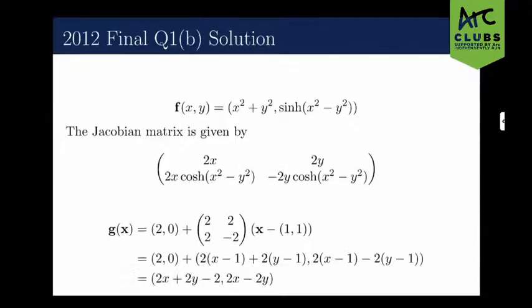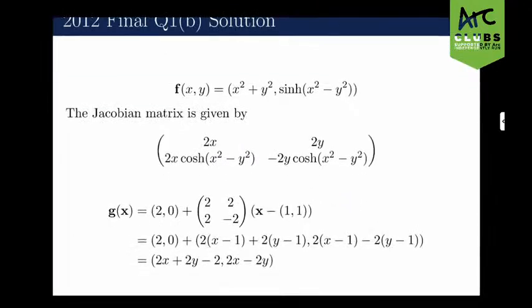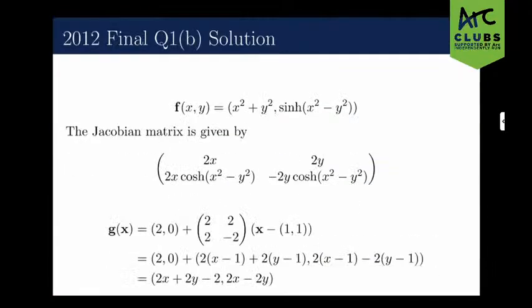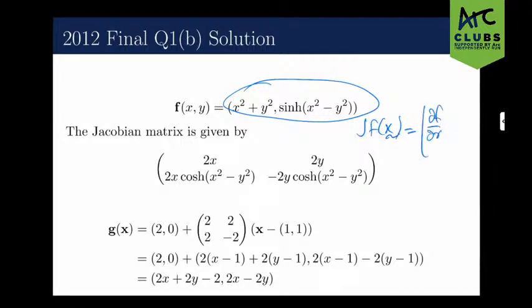So I need to evaluate the Jacobian matrix. How do I get this? Okay, this is my function. To get my Jacobian evaluated at any point x, all I need to do is find df1/dx, df1/dy, df2/dx, df2/dy.